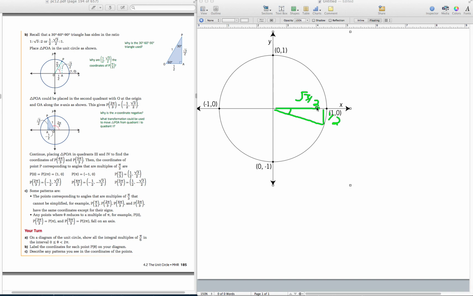This one, however, is positive now because I'm going back in the positive direction, but the y is still going to be negative because I'm still going down. So in the end, this is going to be root 3 over 2, comma negative 1/2. Okay? So it's all good to go. So that's a unit circle in a nutshell.